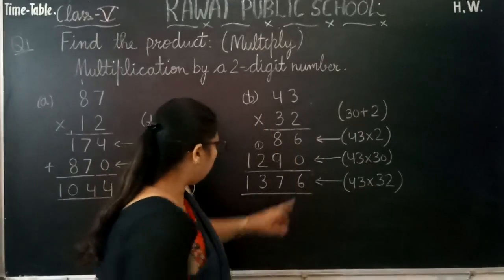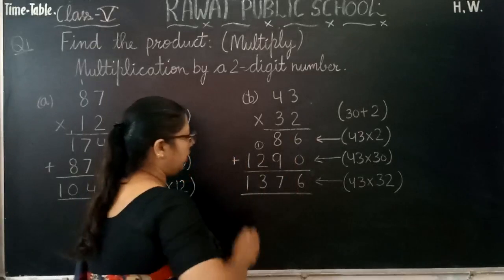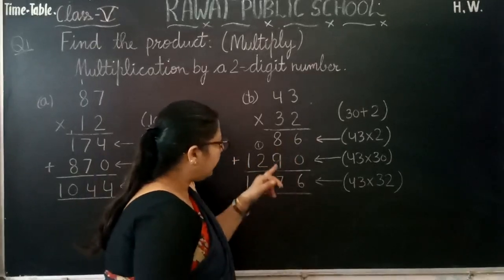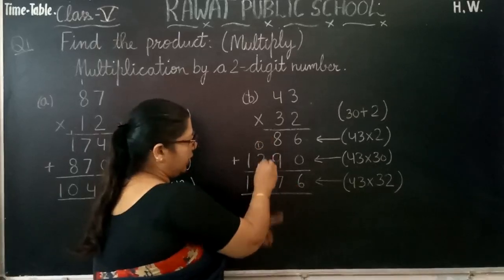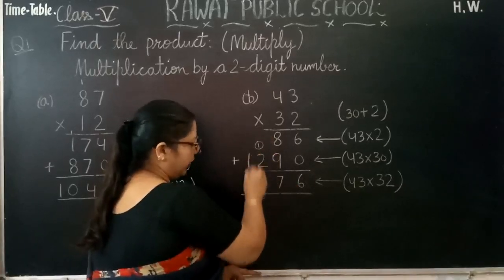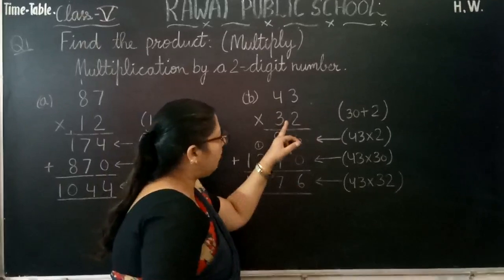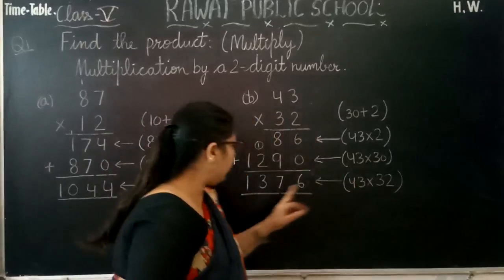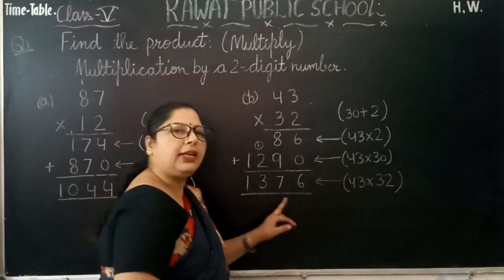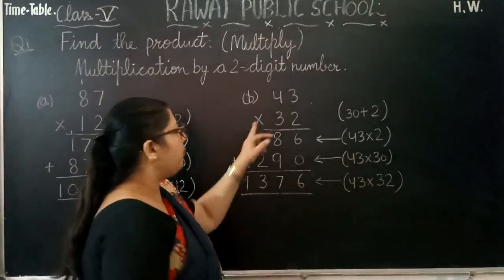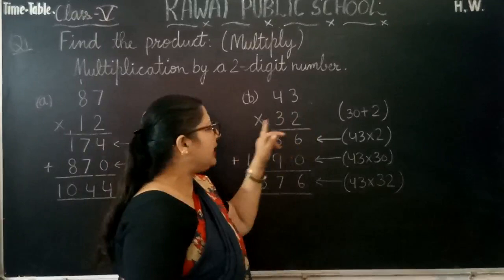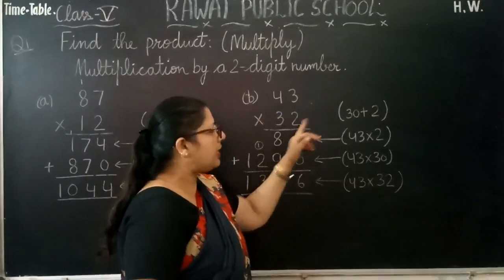Write the sign of addition. 6 plus 0 is 6, 9 plus 8 is 17, write 7, carry 1, 2 plus 1 is 3 and 1. So 43 multiplied by 32 is equal to 1376. So students, first we separate these numbers, 30 plus 2.